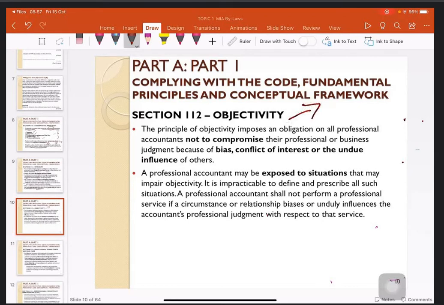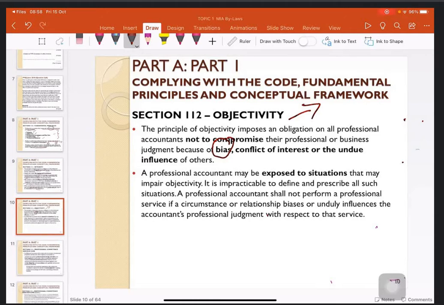You yang determine apa yang you nak buat dan you are not biased. Bila kita kata not biased, meaning that the other party, shareholder ke, investor ke, client ke, bankers ke, not be able to influence you to make the decision. Okay, so you have to use your professional judgment when you conduct the audit.